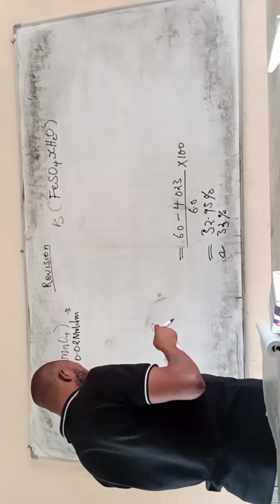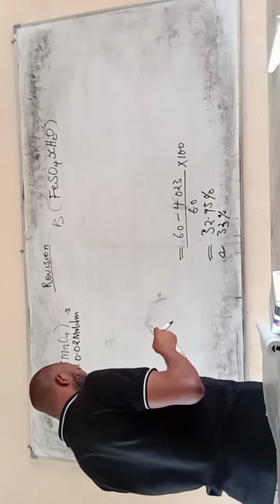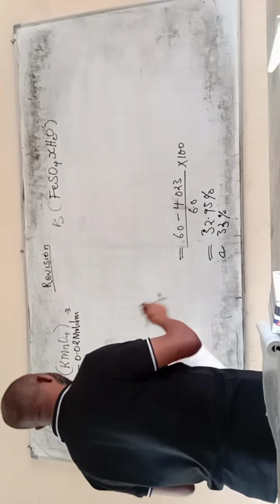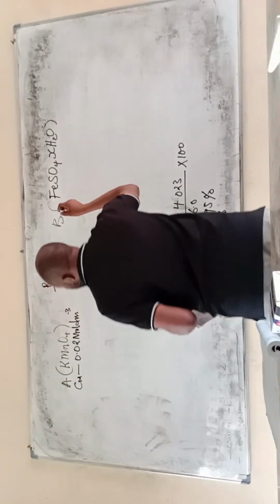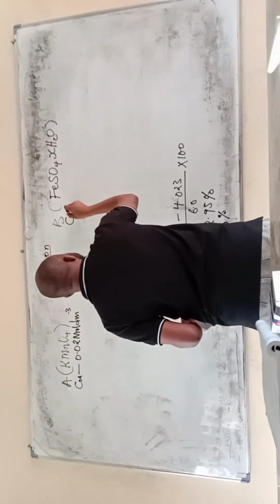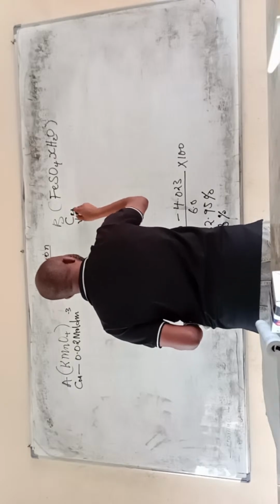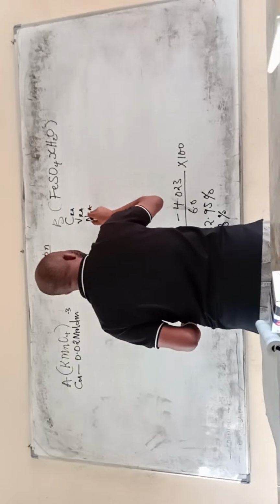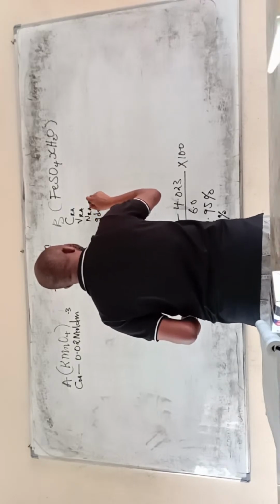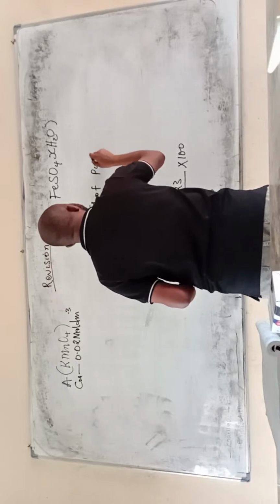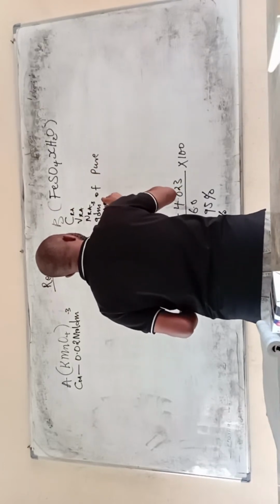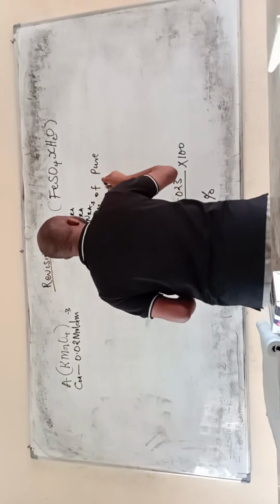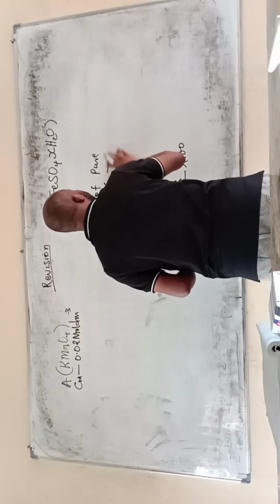Pipette 25 cm³ of the reducing agent solution containing 27.52 g/dm³ of hydrated salt. Okay, so here, let me just call it concentration of reducing agent, volume of reducing agent, number of moles of reducing agent, and g/dm³ of pure and g/dm³ of anhydrous. Let's call it hydrated and anhydrous.